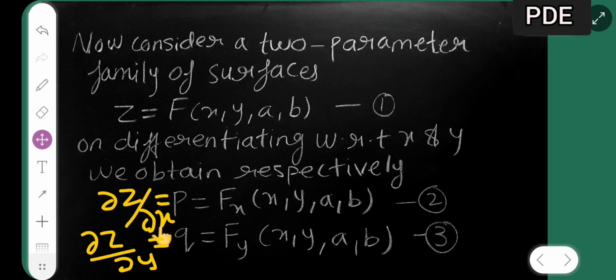Now dou z by dou x is equal to p, which is equal to fx of x comma y comma a comma b, because I am differentiating this with respect to x, and take this as equation 2. Now I am differentiating this with respect to y. So dou z by dou y is equal to q, which is equal to fy of x comma y comma a comma b, and consider this as equation 3.